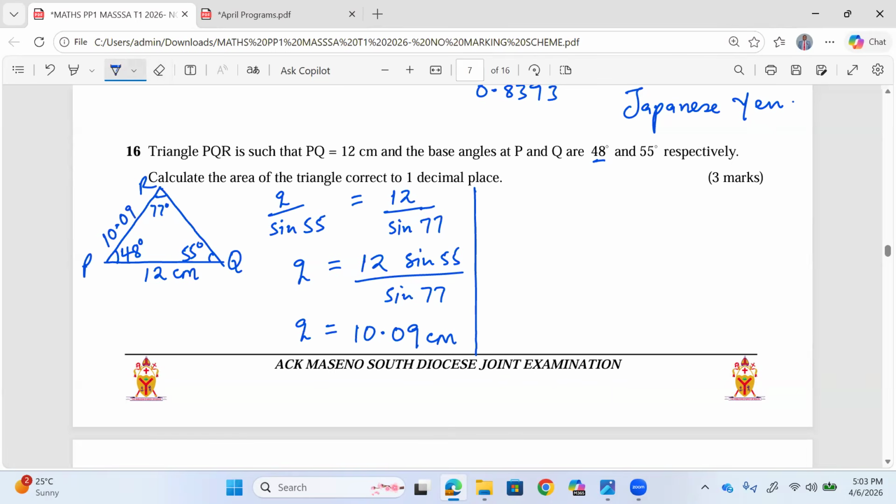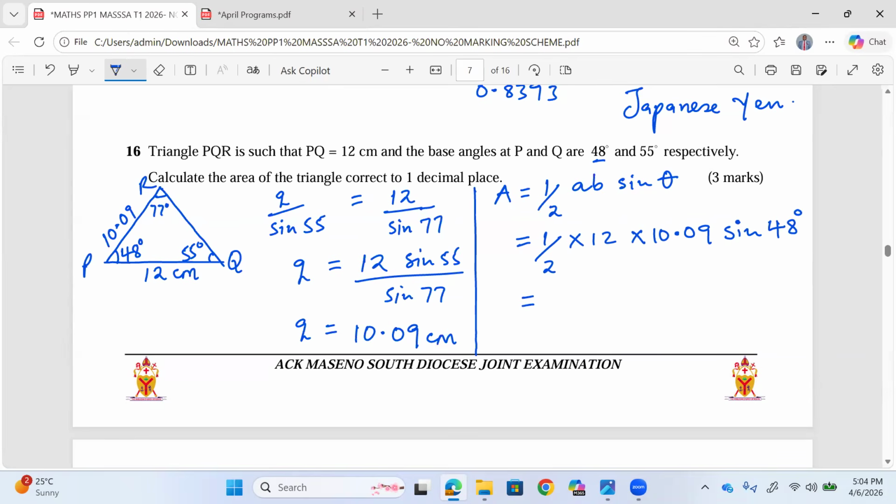So we can say the area, which is generally given by half a b sine theta, where a and b are two sides and theta is the angle between them, equals half times one side 12, another side 10.09, times the sine of the angle between the two sides, which is 48.